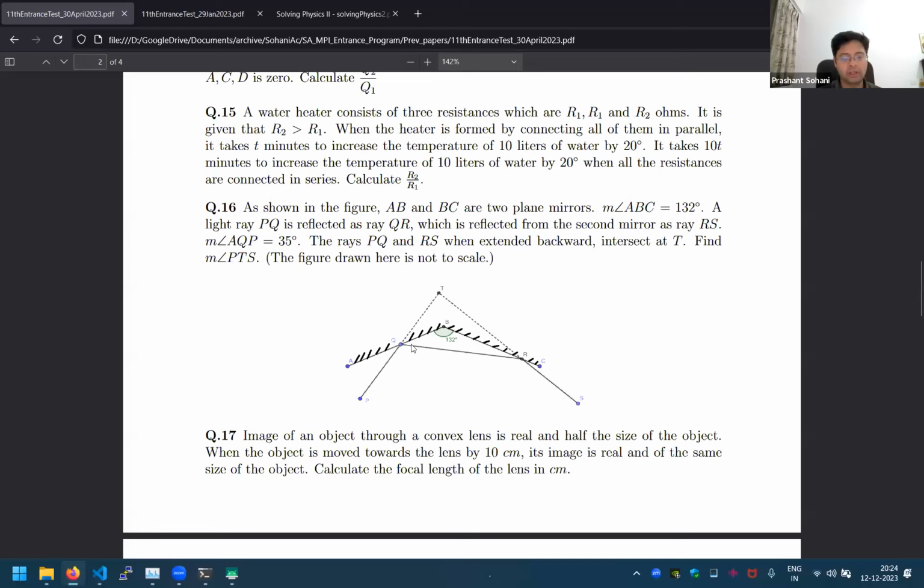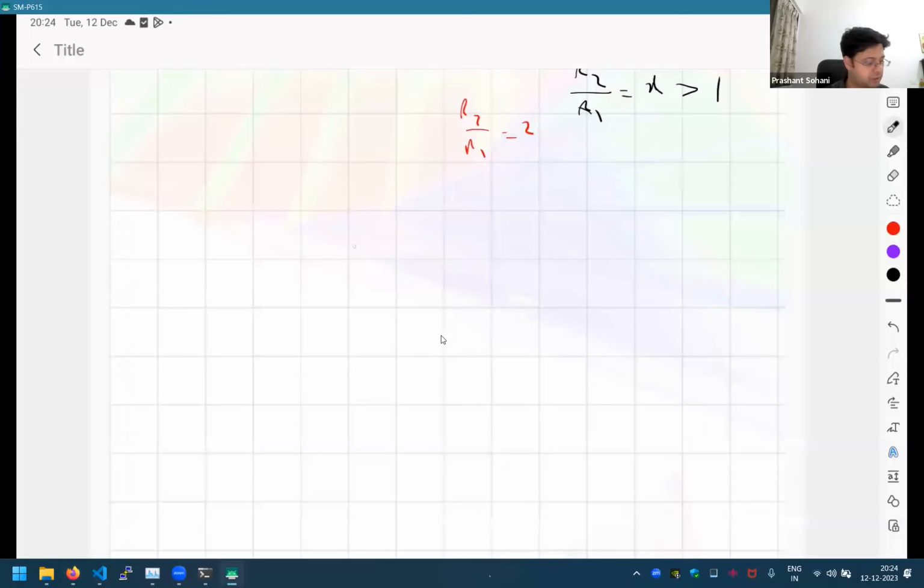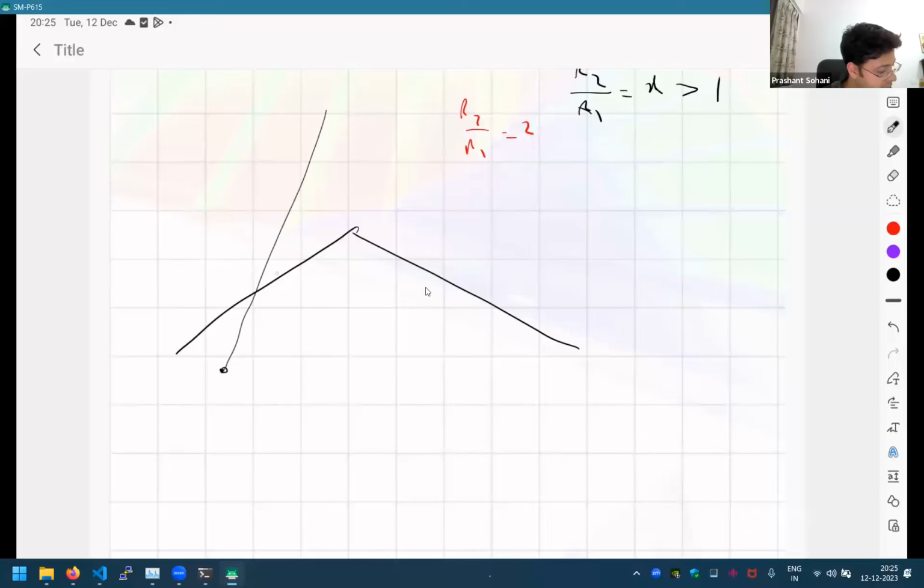Let us directly look at the diagram. So, what is given? That there are two mirrors. One object is placed over here. I'm just drawing the diagram very roughly because we would like to finish this question quickly. So the basic thing which we know is angle of incidence is the same as angle of reflection.